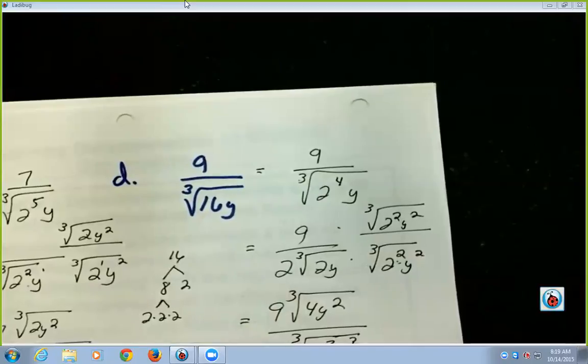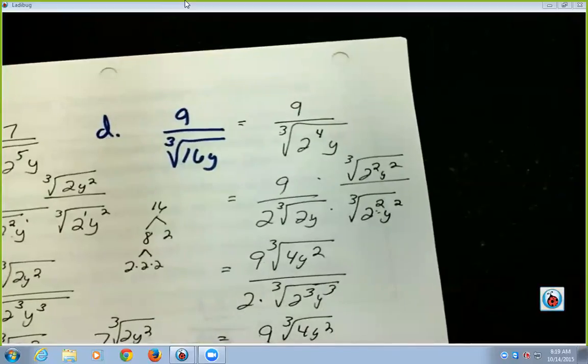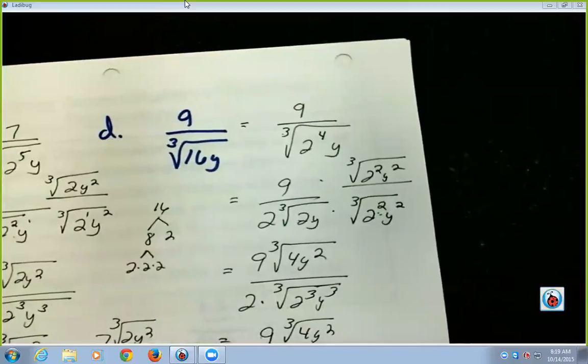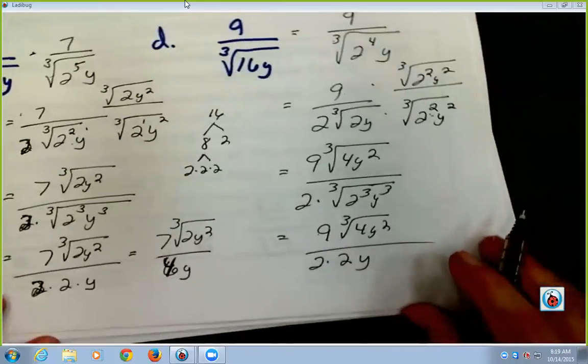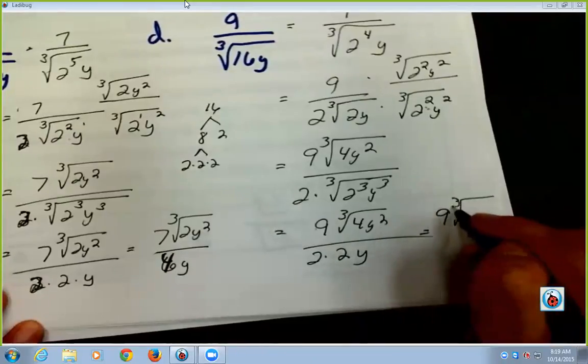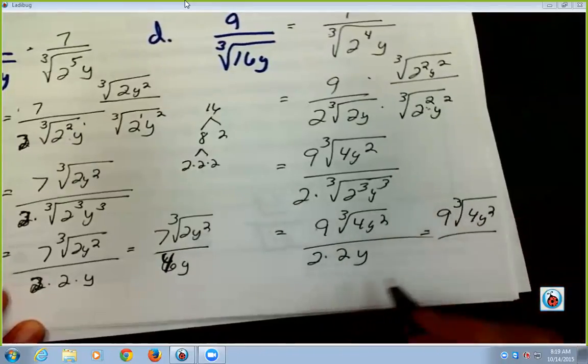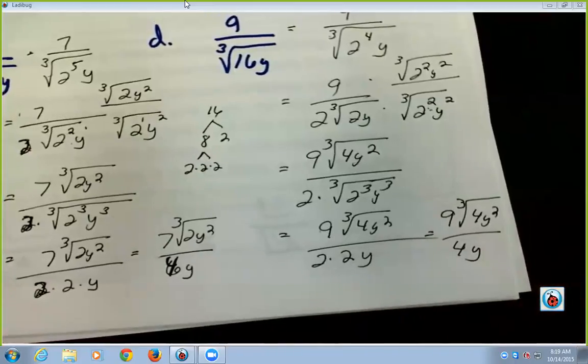So those will become 2 times 2 times y, times y. And so my final answer is 9, the cube root of 4y squared, all over 4y. Okay.